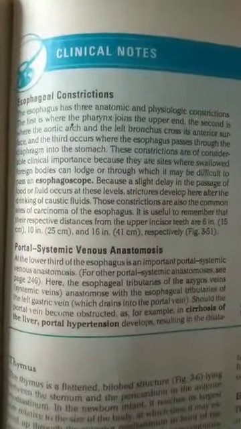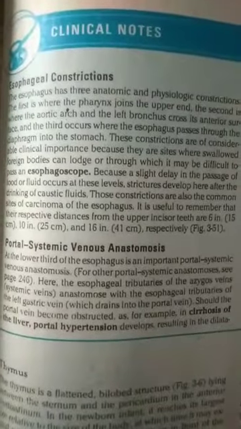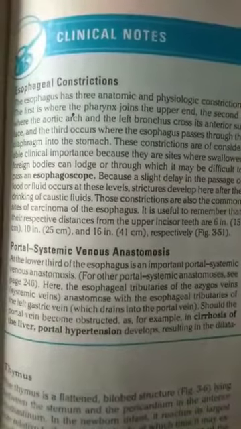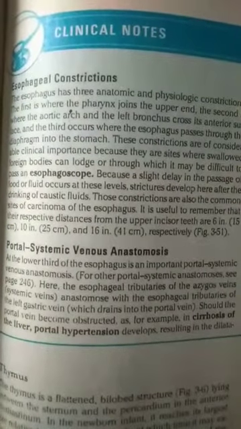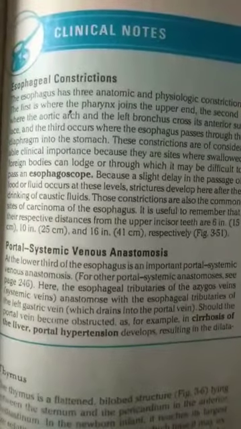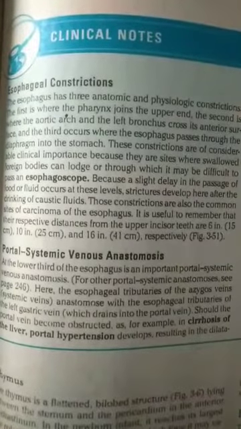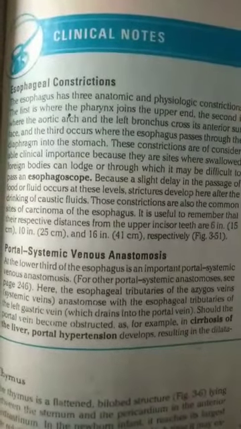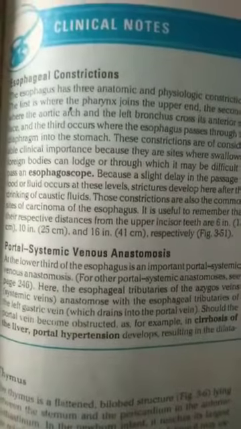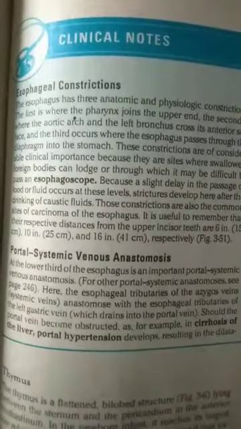Portal systemic venous anastomosis. At the lower third of the esophagus is an important portal systemic venous anastomosis. For other portal systemic anastomoses, see page 246. Here the esophageal tributaries of the azygos veins anastomose with the esophageal tributaries of the left gastric vein.